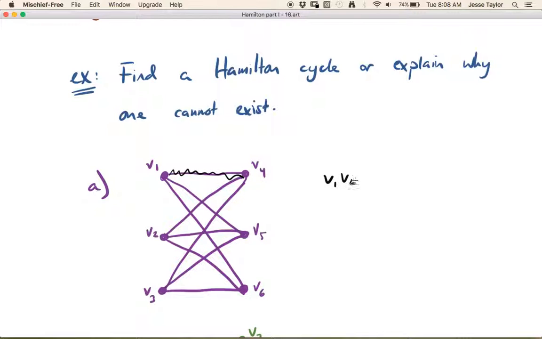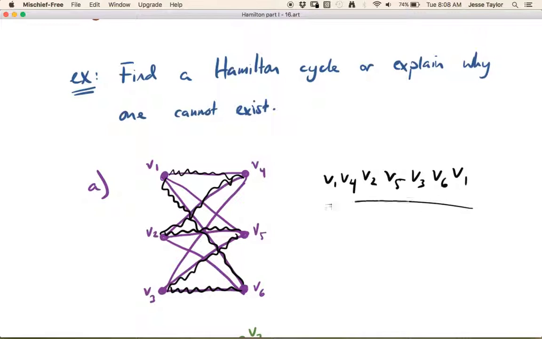So V1, V4, and then maybe we go to V2, and then we go to V5, and then we go to V3, then we go to V6, and now we've been to every vertex. 1, 4, 2, 5, 3, 6, and then the question is, can we close the gap? We can, there's this edge from V6 to V1. So here's our example of a Hamiltonian cycle in this graph.